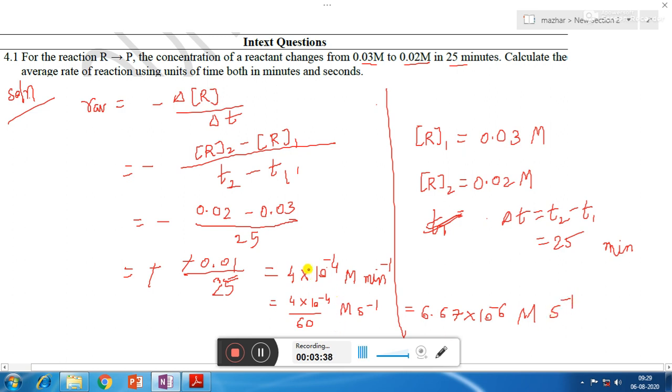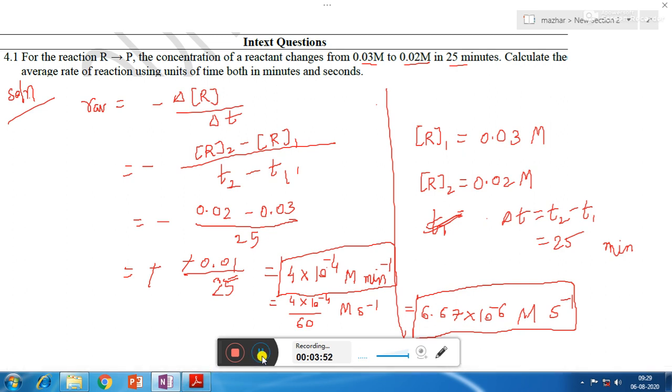So our two answers, one in terms of molar per minute is 4 into 10 raised to minus 4 molar per minute, and in terms of per second it is 6.67 into 10 raised to minus 6 molar per second.